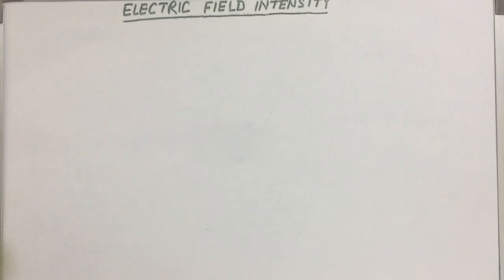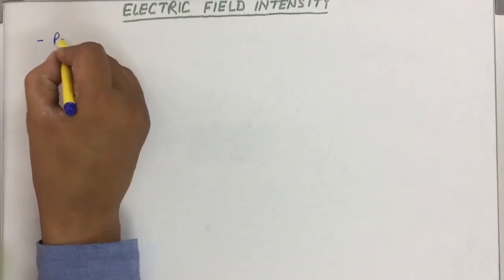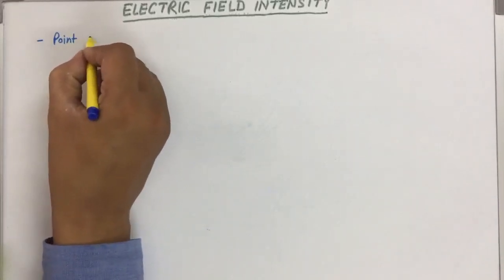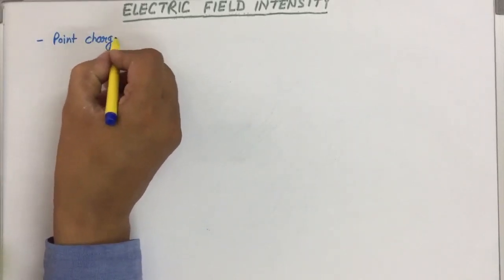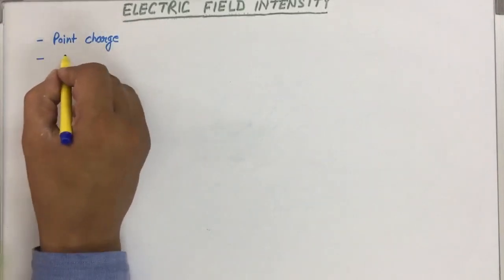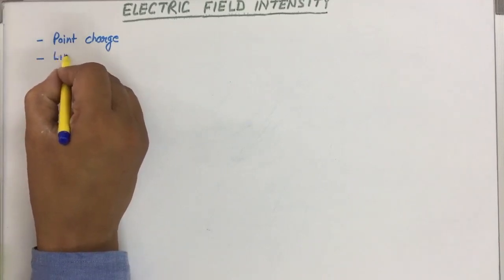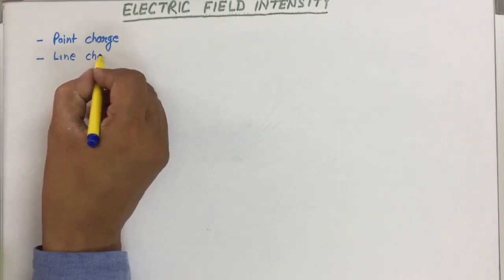Till now we have studied the force between the charges, what is electric field, and what is electric field intensity. And at the last turn we discussed electric field intensity due to point charge. The next that we have to discuss is the electric field intensity due to the line charges.